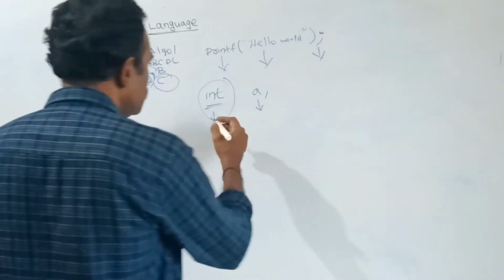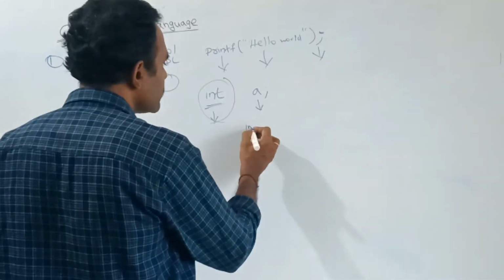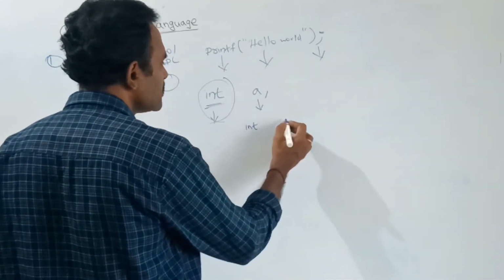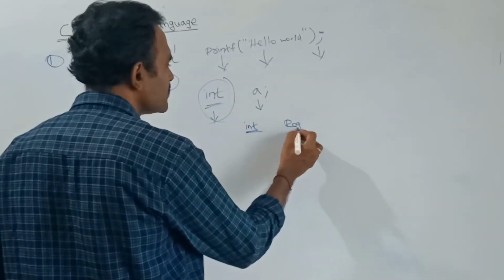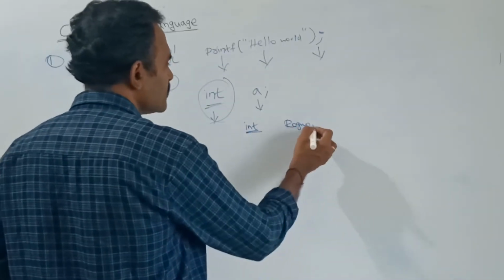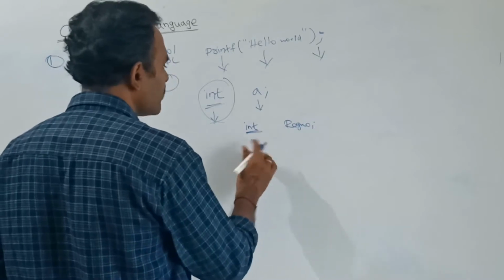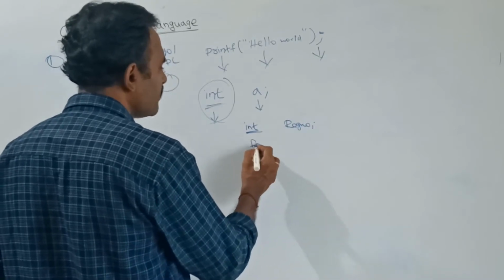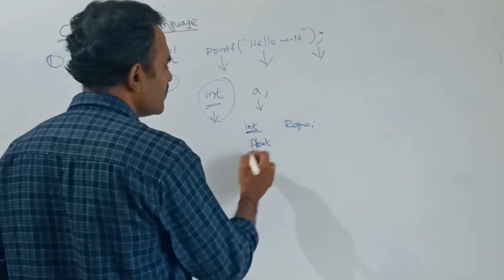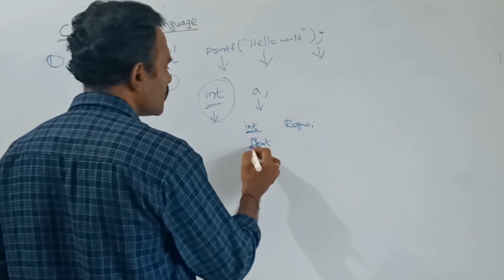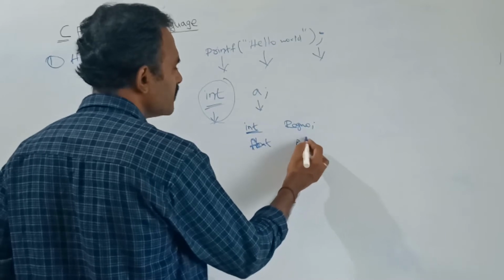For example, if I need to store the student register number, I can declare an integer, here register number. Suppose I want to store the average marks, for average mark I can declare the variable type as float, here average mark.